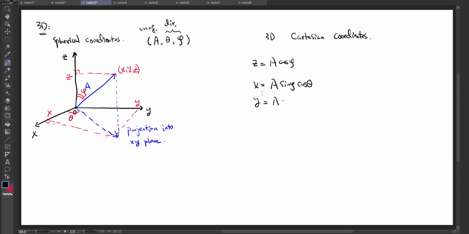Now the y direction is A sine phi sine theta. Now we have the 3D Cartesian coordinate representation x, y, z, and their conversion from the spherical coordinates A, theta, and phi.